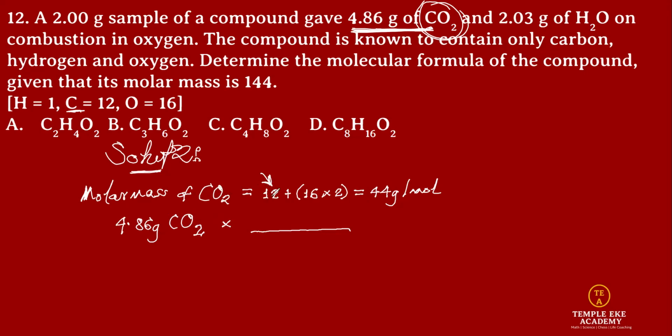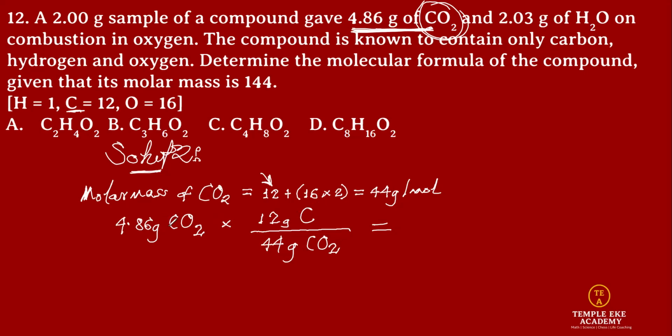Carbon contributes 12 grams out of the 44 grams in the molar mass. So we say 44 grams of carbon 4 oxide, the molar mass, contains 12 grams of carbon. And that is it. This evaluation by multiplying and dividing gives us the answer we desire.